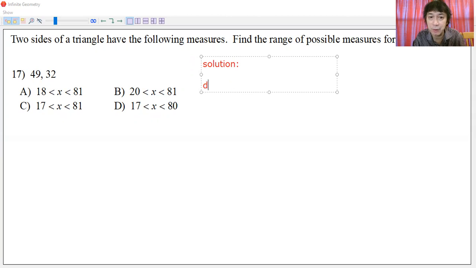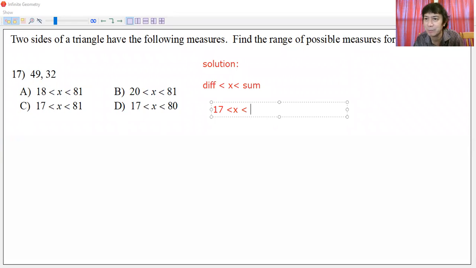To find the range of the third side, we have a difference, and we have the sum. So the difference is about, how much is that? 17. So we have 17, the lower limit. And our upper limit must be, how much is that? 81.